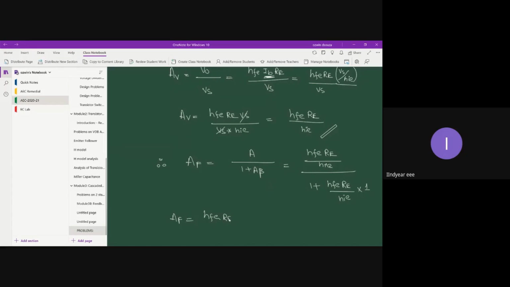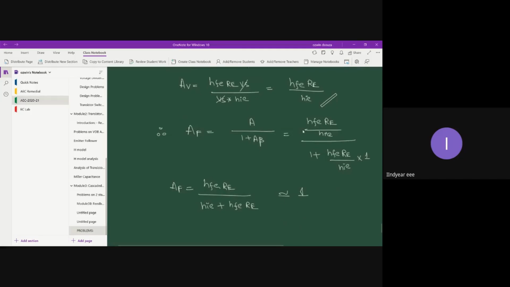hFE RE divided by hie plus hFE RE, which is close to 1, because hie plus hFE RE can be approximately written as hFE RE itself, so the numerator term is going to cancel out with the denominator term.